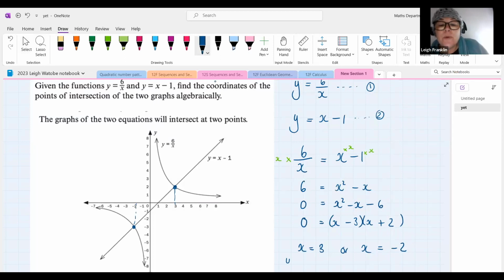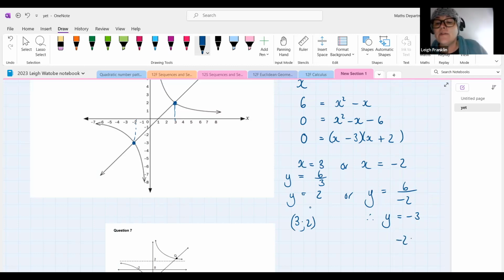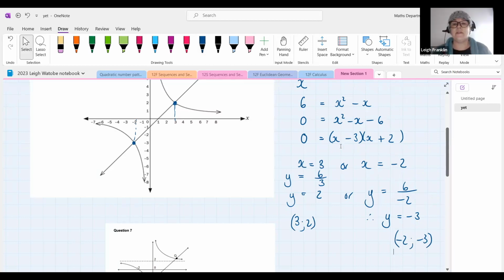So y would be equal to 6 divided by 3, which gives us 2. In this other case, it would be 6 divided by -2, so y would be equal to -3. So my coordinates are (3, 2) or (-2, -3), my points of intersection.